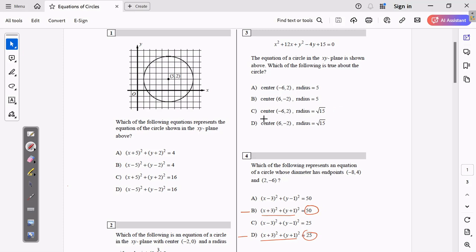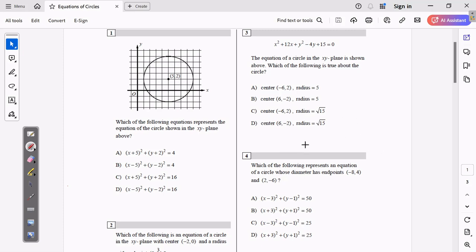So I did negative 8 minus 2, squared. So that's 100. What did you get after applying the distance formula? I think I got root 200.